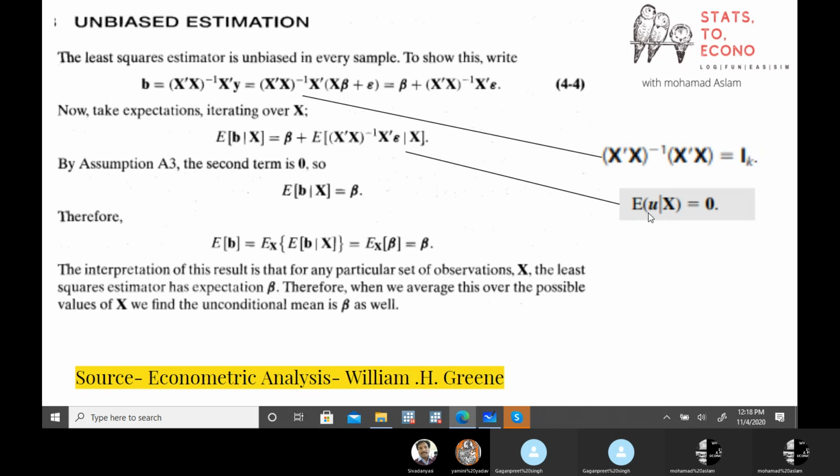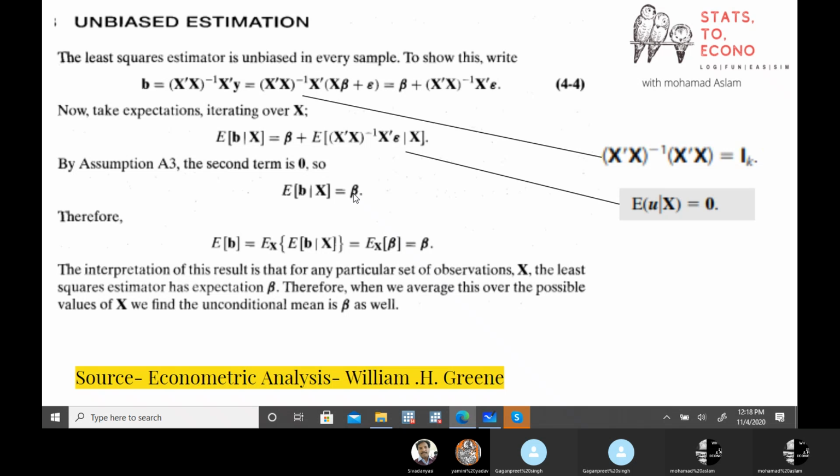And we knew from the property that the expected value of the residual is equal to 0. So this whole term is 0 and we are only left with the beta matrix, that's the population parameters. So it is proved that the expected value of sample estimates is equivalent to the population parameter.